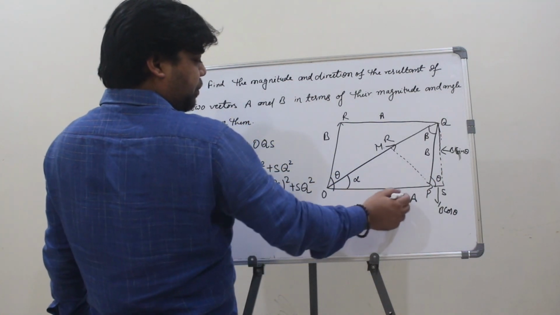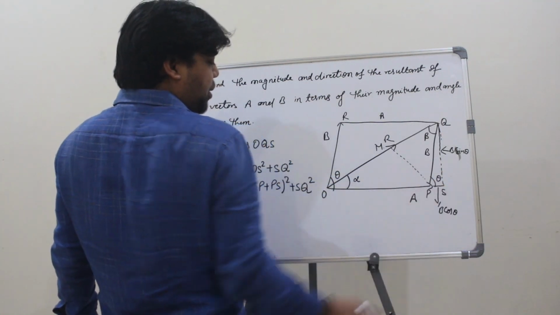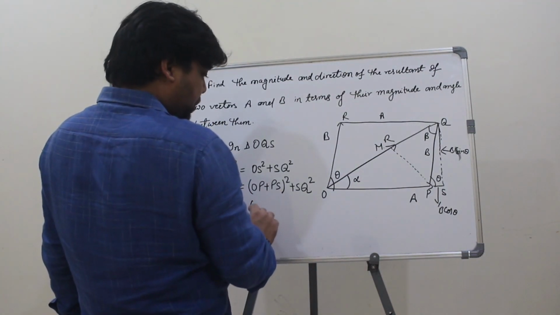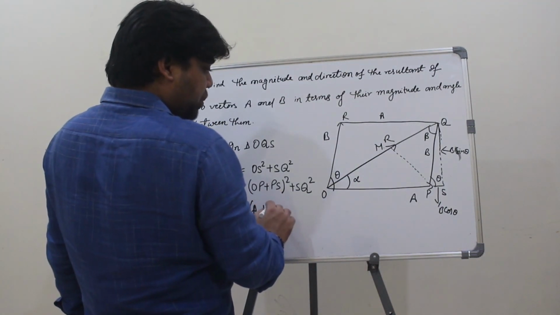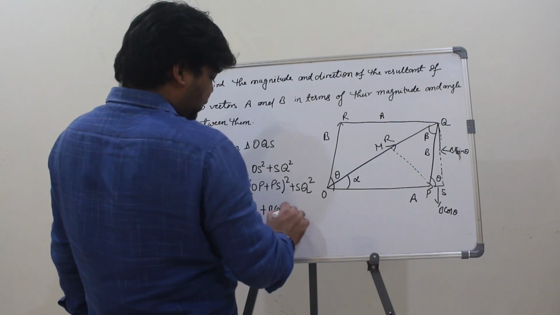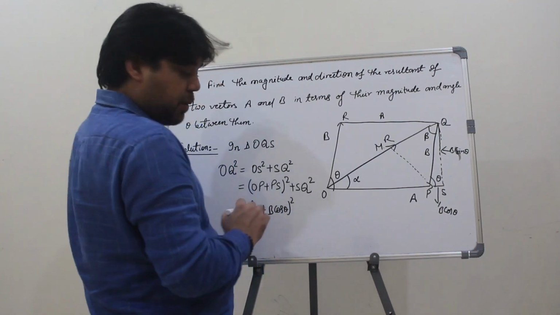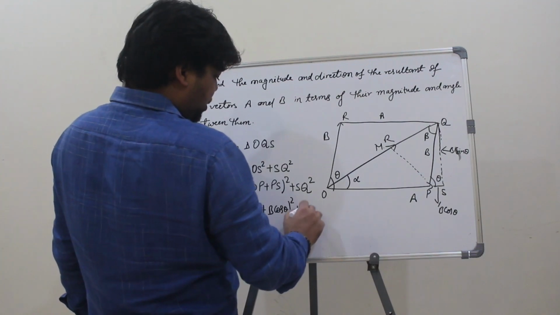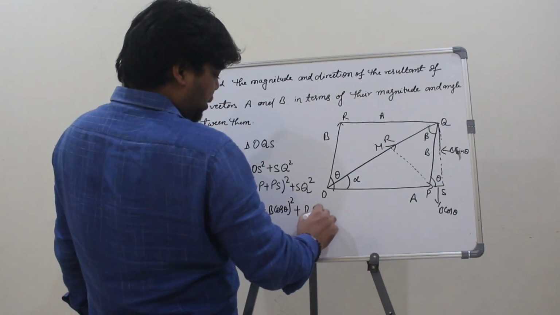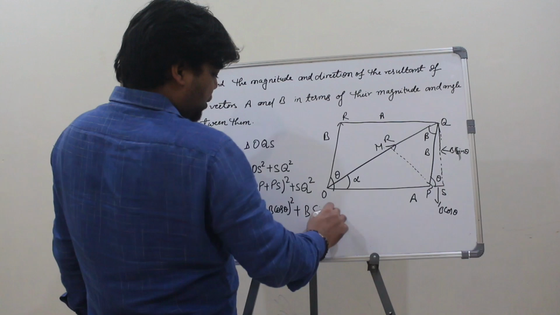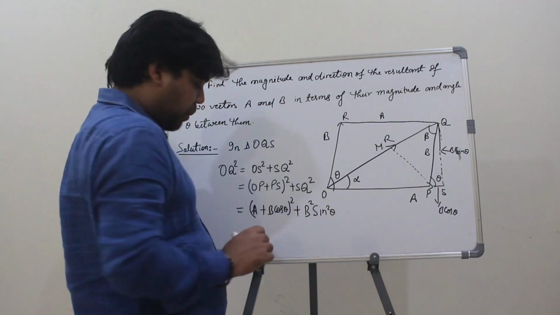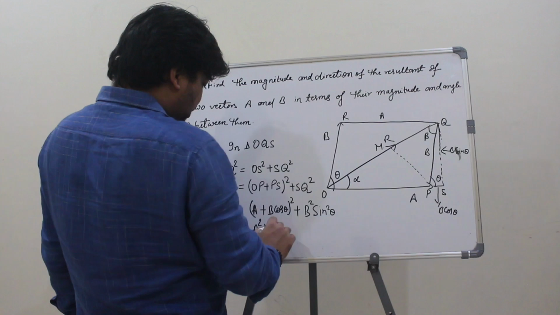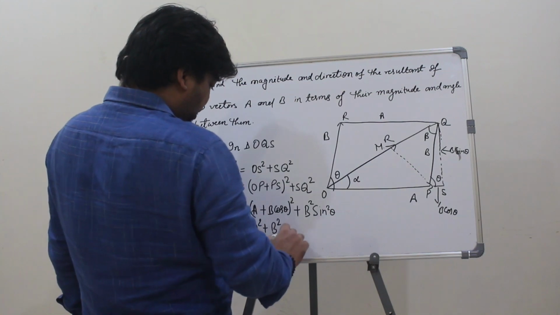This is A, so this is A plus B cos theta. So OP is A, and PS is B cos theta. And SQ is B sin theta.